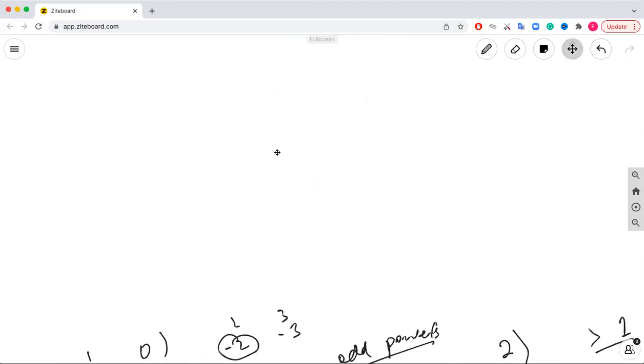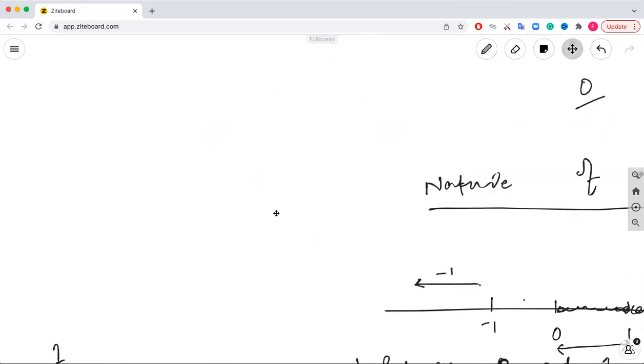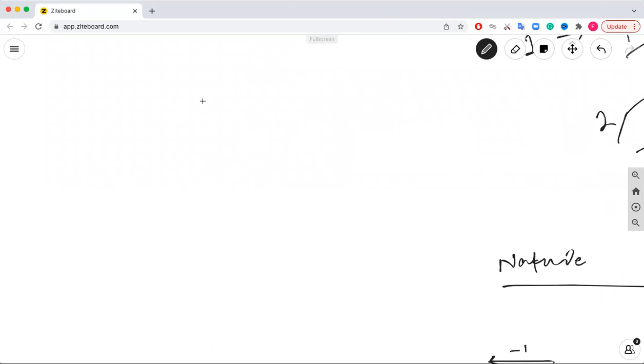We are just left with one more range, that is less than -1. Consider any number. Let's suppose we have -2. Again, we have to take a separate case for the even power and for the odd power. If we take the square of this, the result will be 4. If you take the power 4 of this, the result will be 16.